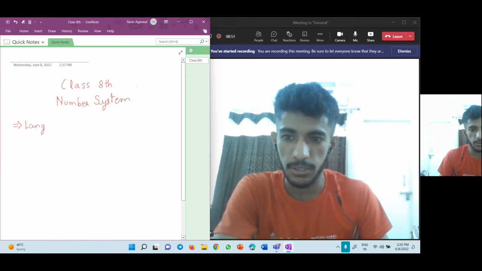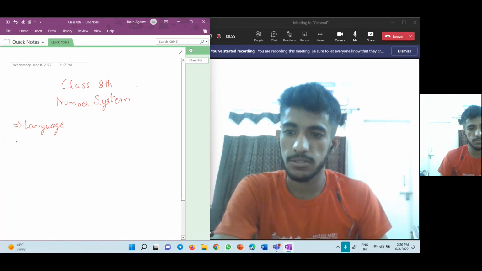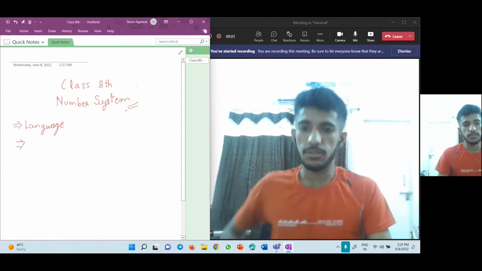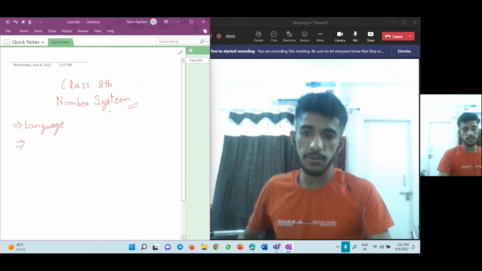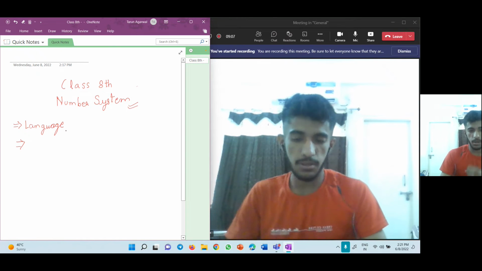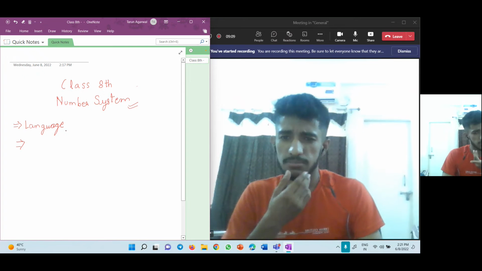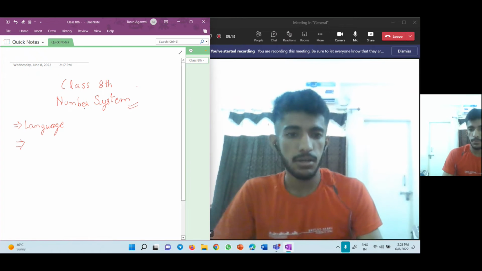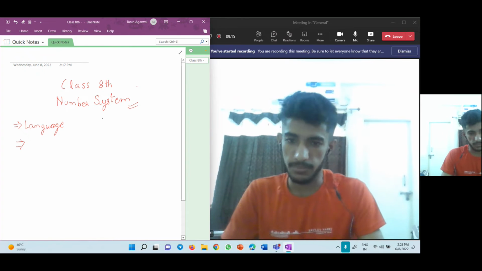And then further, for calculation purposes, they developed a system which is known as the number system. For example, if we have to calculate how many trees are there in a locality, we can count them using this number system.